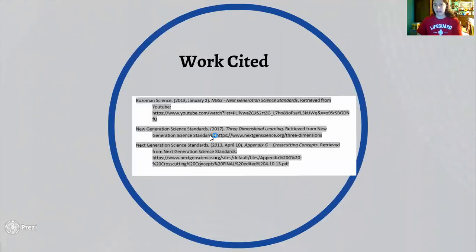And one thing I would like to add that I did not put in this Prezi is that the North Carolina standards of science we have today, even though they are good, do not focus on how students can explain and critically think about the science and put it into real-world application as the NGSS does.